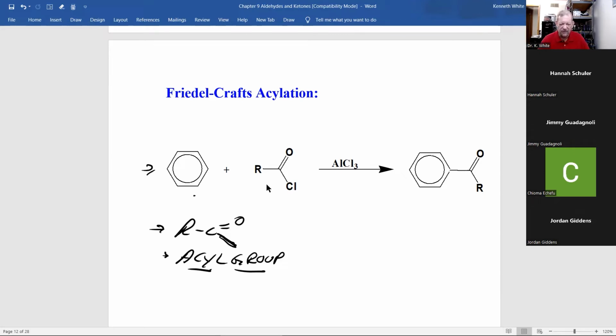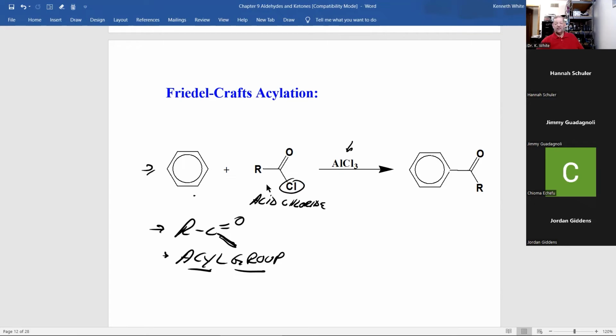So I have a benzene ring, and this is called an acid chloride. I wish I had more time this semester. This is a neat functional group, but I don't. And here you have the catalyst, like you've seen before, aluminum chloride.